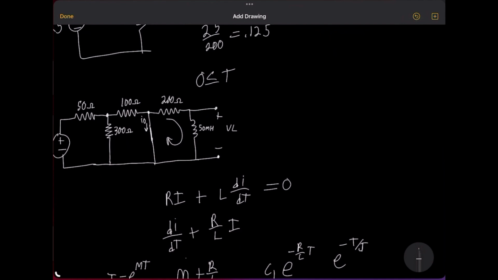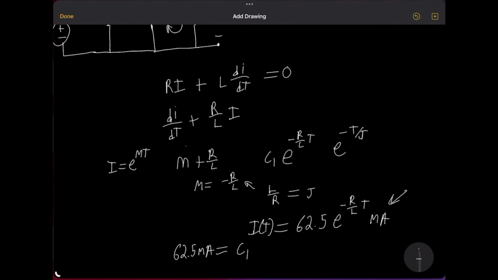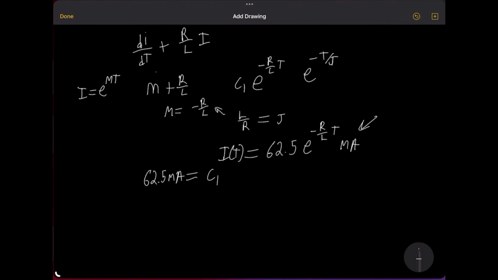So it's going to be 200 divided by 50 millihenries, which is 0.05, times 10 to the negative 3. I get 4,000. So your final answer should be 62.5 e to the negative 4,000 t milliamps.